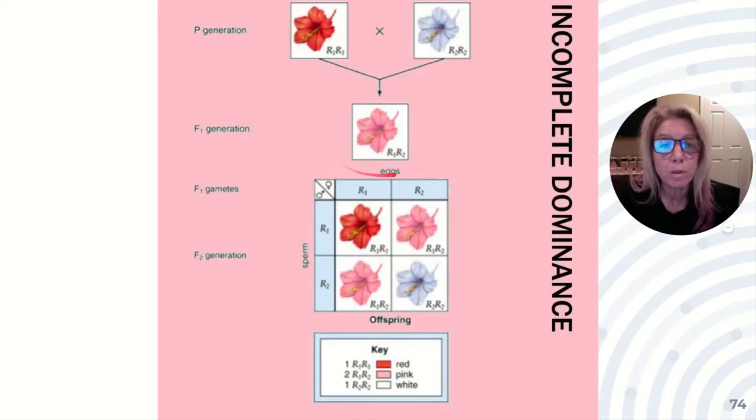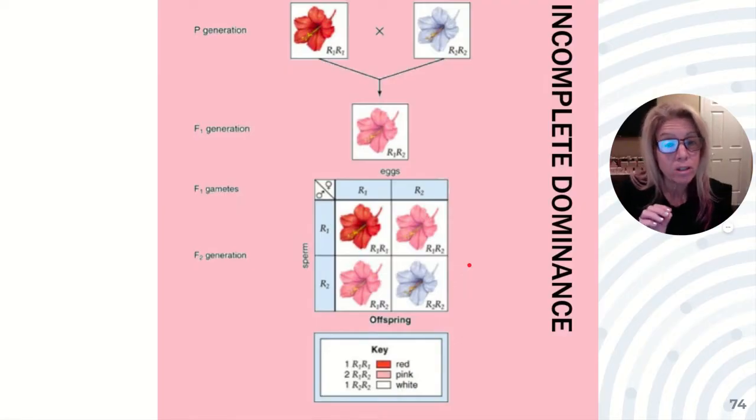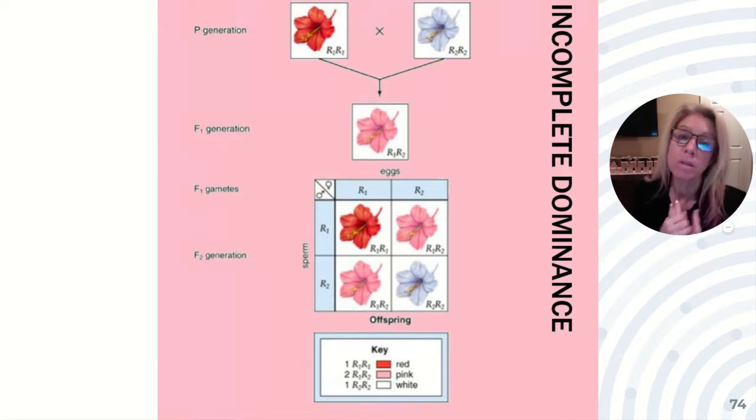So what happens when you cross two hybrids? Well, you're going to get the red to show up, and you're going to get the pink to show up, and the white. So this genotype and phenotype are going to match, because the genotype is 1 to 2 to 1, and so too is the phenotype. And that's when you know you're dealing with incomplete dominance, when the genotype and the phenotype ratios are exactly the same, because each genotype has its own phenotype, right?